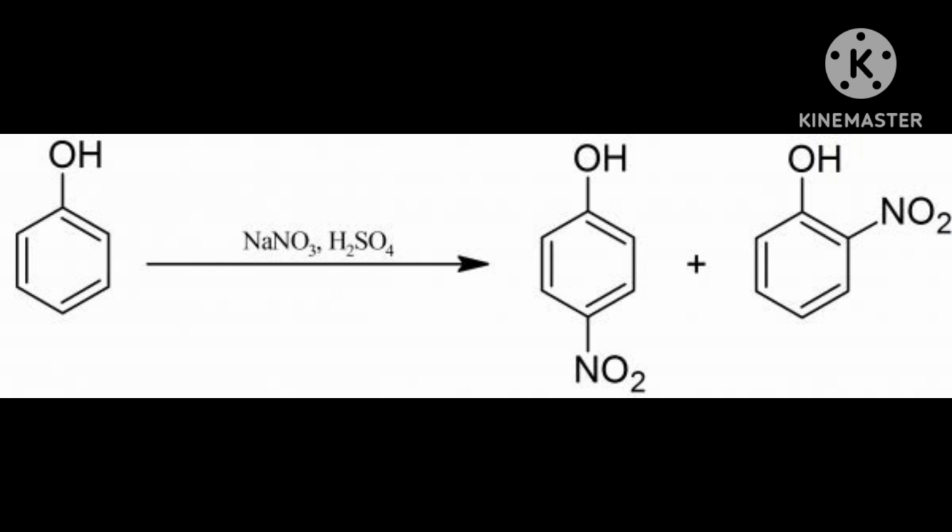When the vapors of primary or secondary alcohols are passed over heated copper at 573 Kelvin, dehydrogenation takes place and an aldehyde or a ketone is formed, while tertiary alcohols undergo dehydration.